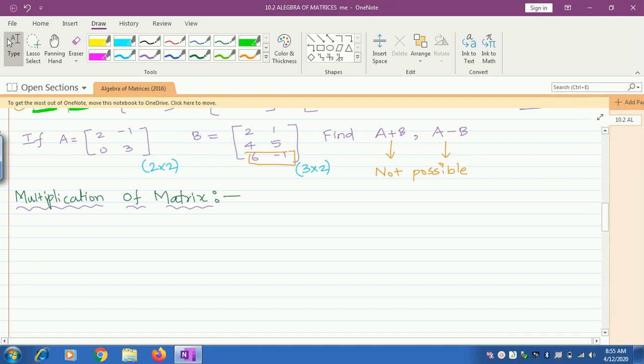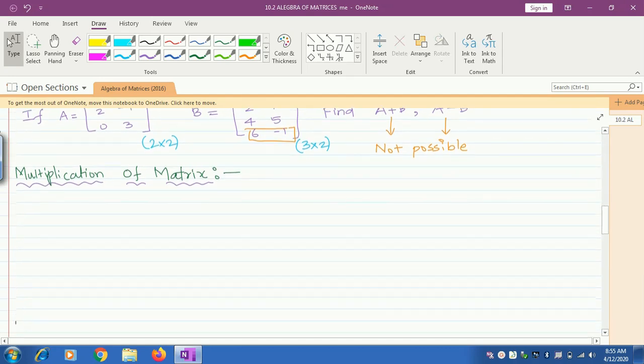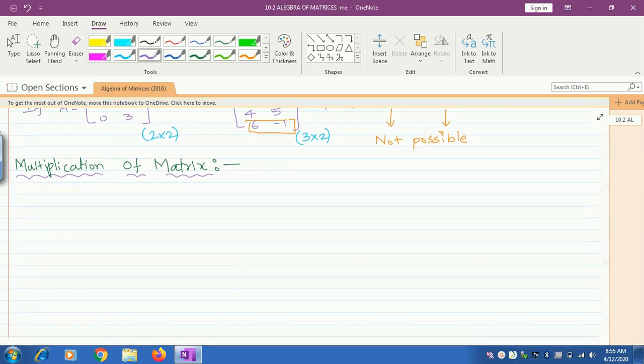Now first we start with a simple problem. We will take a 2 cross 2 matrix. Suppose matrix A is 2, 1, 0, 3 and the matrix B is given by 4, 2, 3, 5.